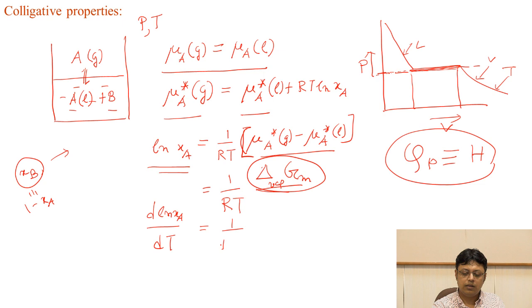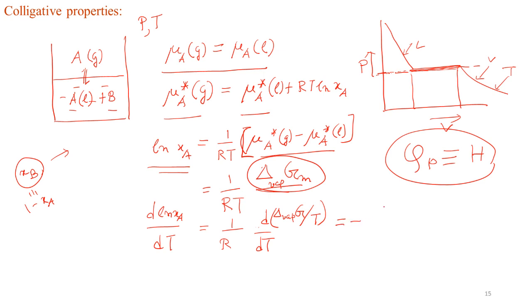So that will be 1 over RT, and then we can write it as d dT, sorry, this is capital T, of delta vaporization G divided by T. So this T actually got inside, so that is nothing but delta H by RT squared with a negative sign.